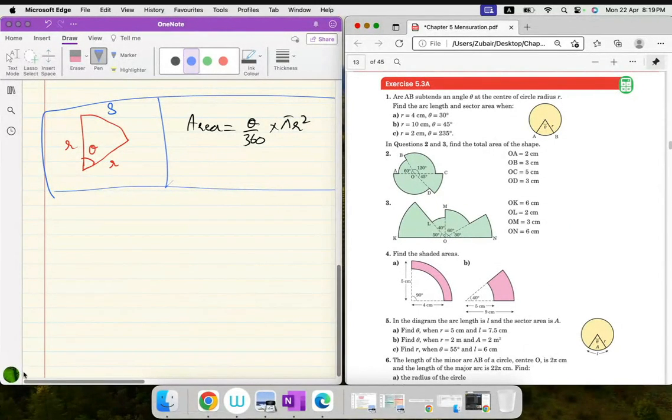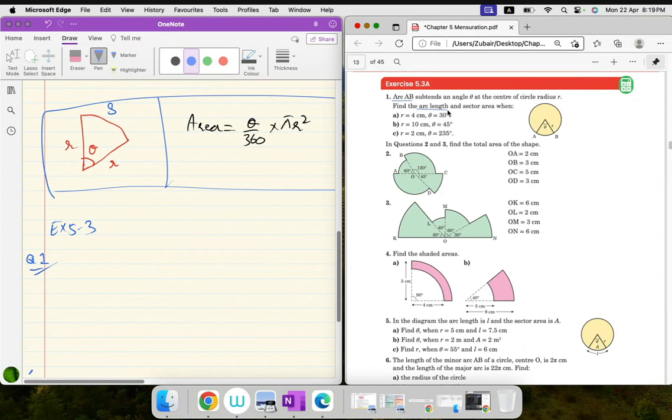Exercise 5.3, question number 1. Question 1 says arc AB subtended at angle theta, keep looking at the diagram as well, subtended at angle theta at the center of the circle of radius r.